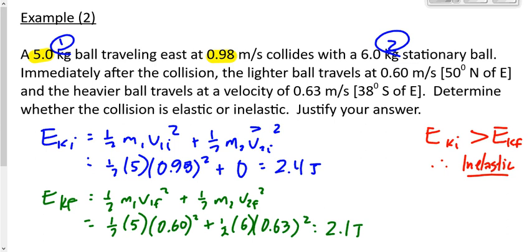Good. All right, your homework over the weekend is worksheet number 5. What you're going to do on worksheet number 5 is take some of the questions that you've already done on other worksheets, use the numbers that are in the question and answers that you've gotten for final velocities, and then determine whether they're elastic or inelastic.